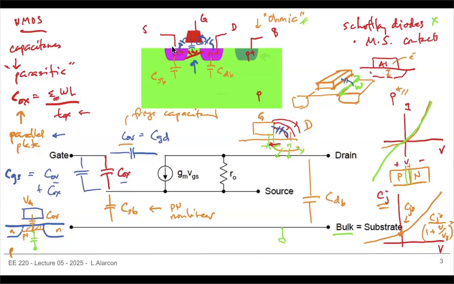But if you don't have any accumulation, what you get is a series combination of two caps, the oxide capacitance and the substrate capacitance. Just to make sure, why do you have a series? Because the permittivity of the oxide is different from the permittivity of silicon. So this is the oxide layer, and this is silicon. To get to the bulk, you have two different permittivities, and that looks like two capacitors in series.